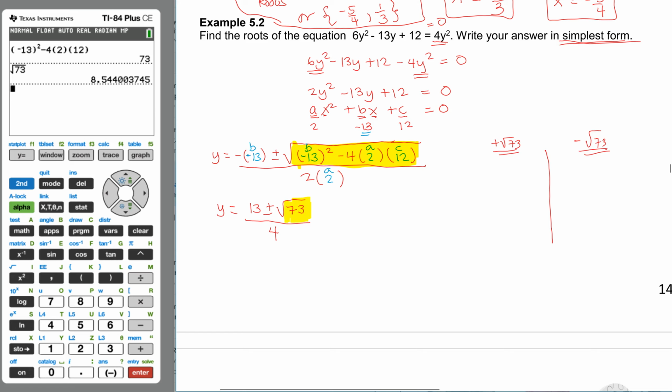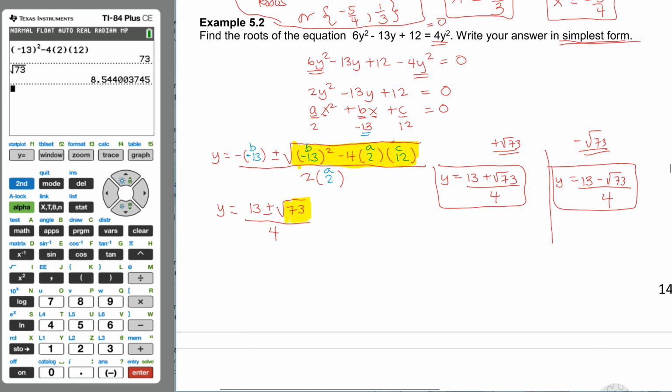So when you write your answer, it should be y equals 13 plus square root of 73 divided by 4, or y equals 13 minus square root of 73 over 4. Since there is no square root of 73, we'll just leave our answer like this. So these would be our two values of y.